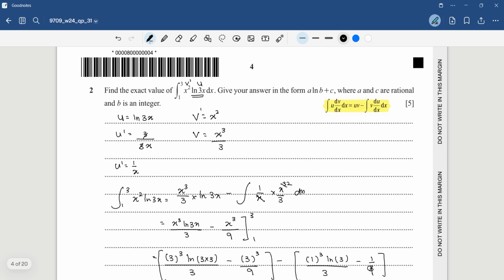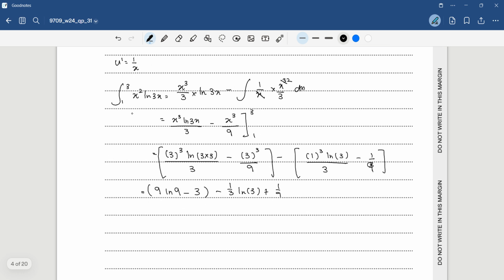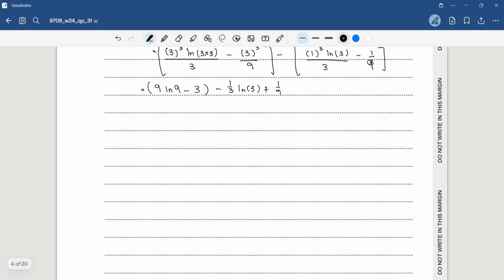But here the question said a ln b plus c, where a and c are rational and b is an integer. So we need to simplify this further. ln 9 we can make it ln 3 squared. So it's going to be 9 ln 3 squared minus 3 minus 1 over 3 ln 3 plus 1 over 9. The 2 you bring in front, becoming 2 multiplied by 9, so 18 ln 3 minus 1 over 3 ln 3, and negative 3 plus 1 over 9 is negative 26 over 9.